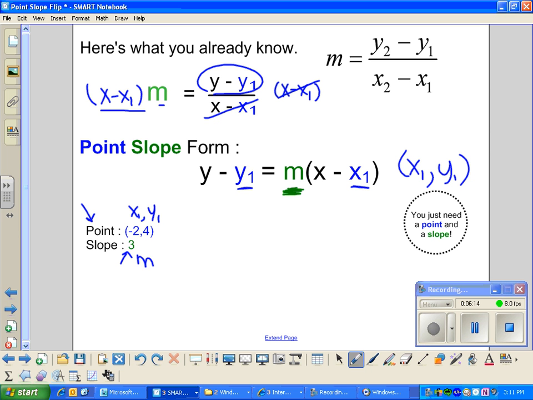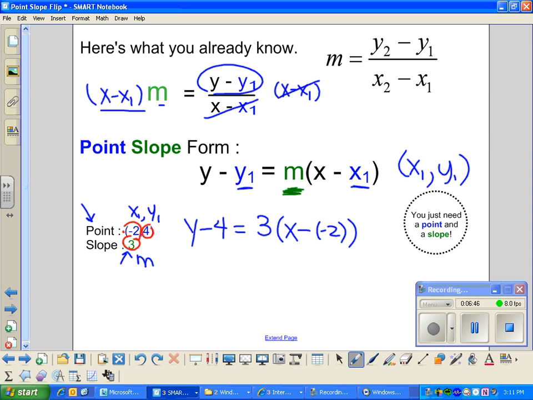Okay. So here we go. Y minus, what's my y sub 1? Y minus 4 equals, what was my slope? 3 times x minus, what was my x sub 1? -2.